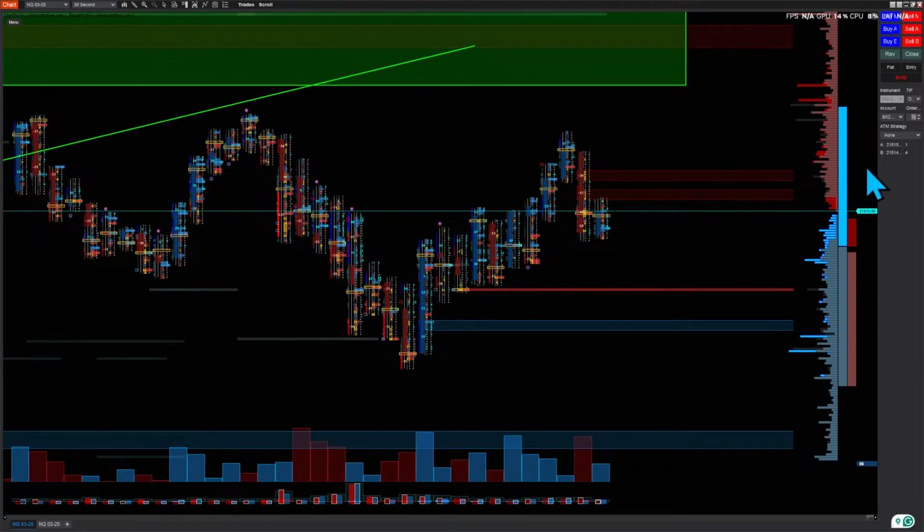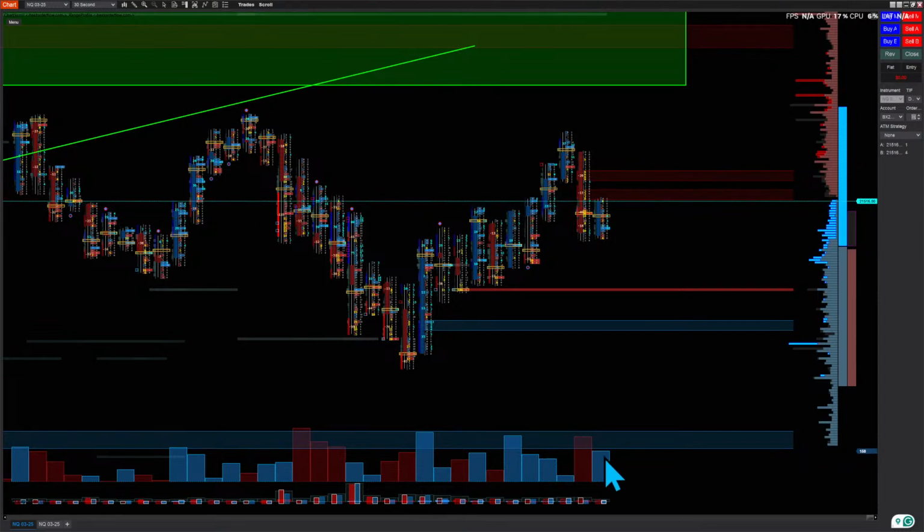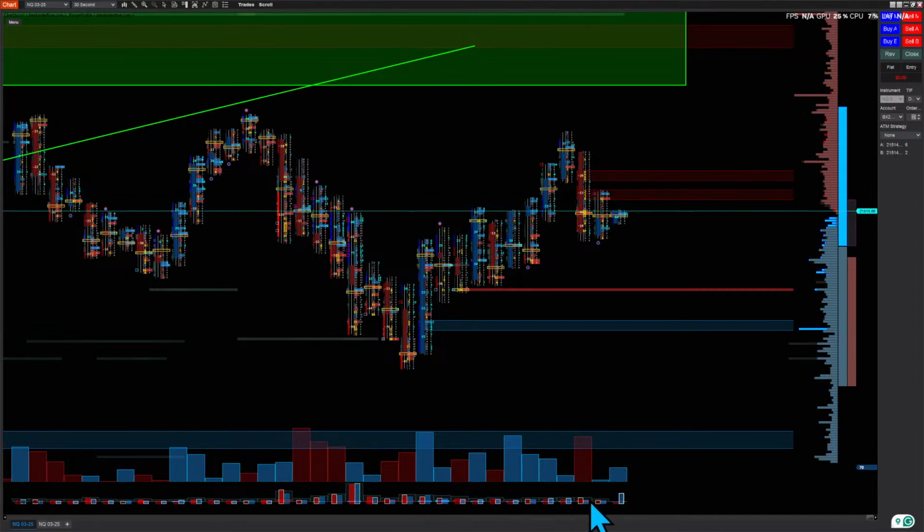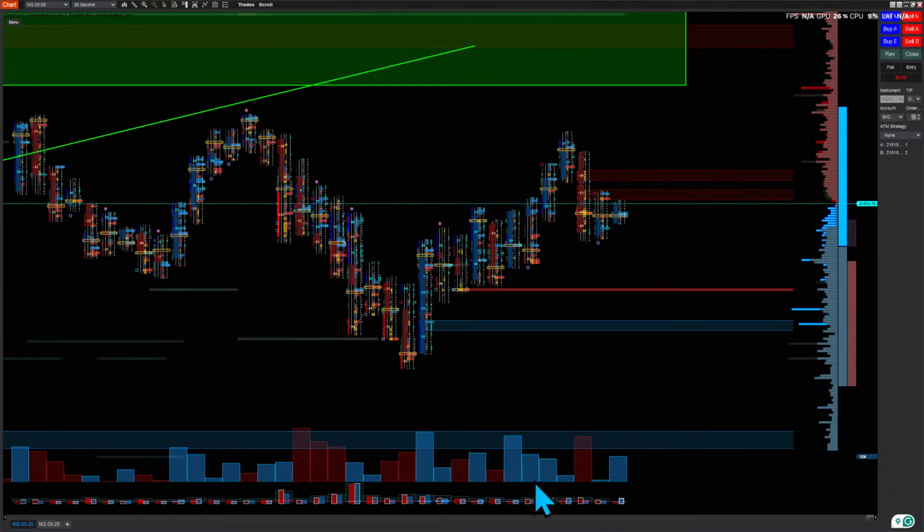So instead of looking over here, you can look at the pulling and stacking. There are three horizontal indicators sitting right there. I'm not going to talk about them. I'm going to talk about this particular indicator. This is the pulling and stacking delta.